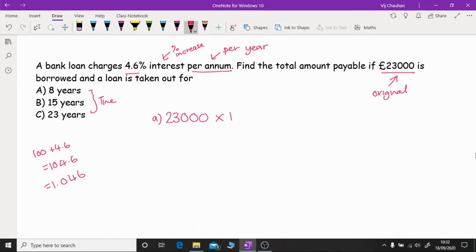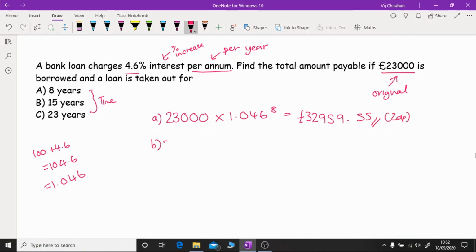So we're going to times this by 1.046, and for the first part our time is 8, so we've got 23,000 times 1.046 to the power of 8, and that gives us 32,959 and 55 pence to 2 dp.